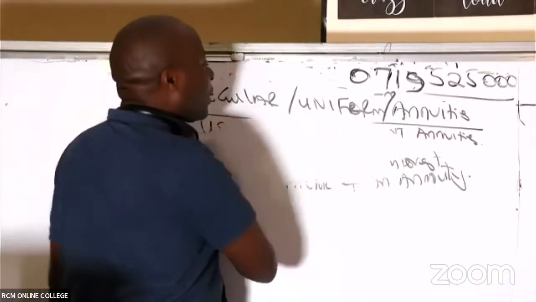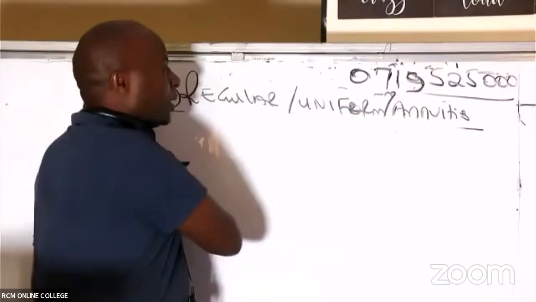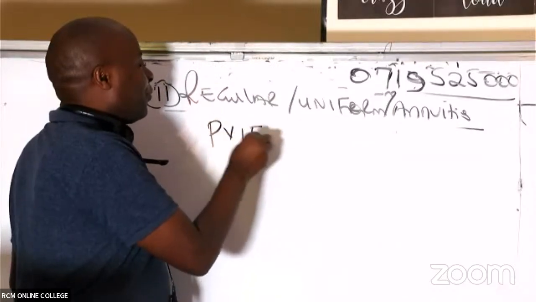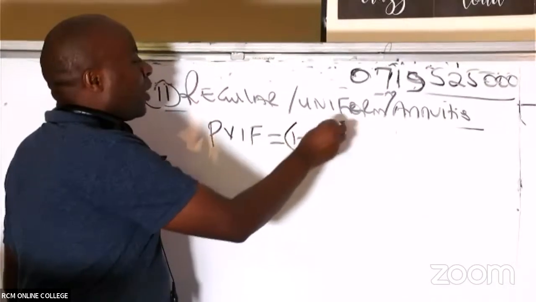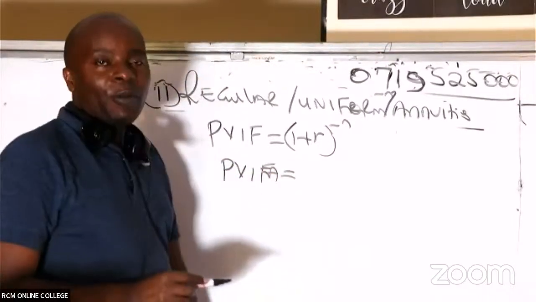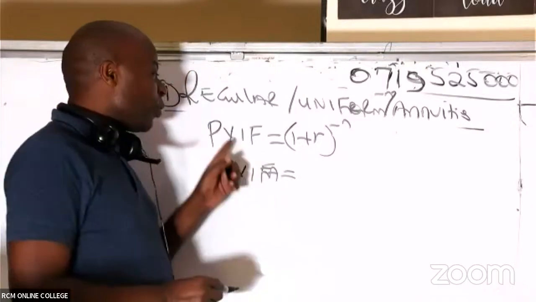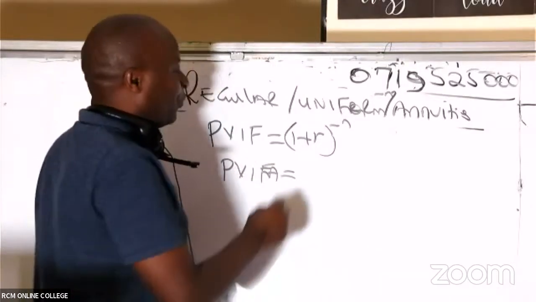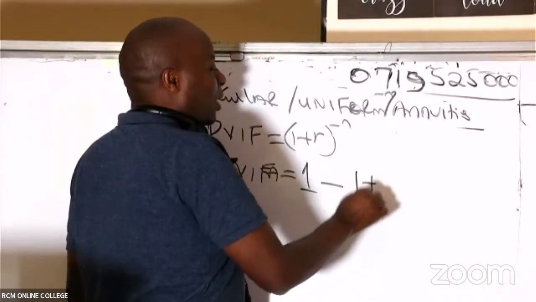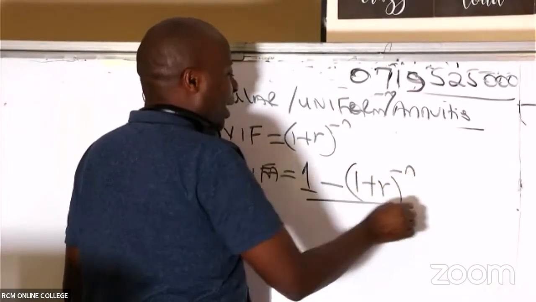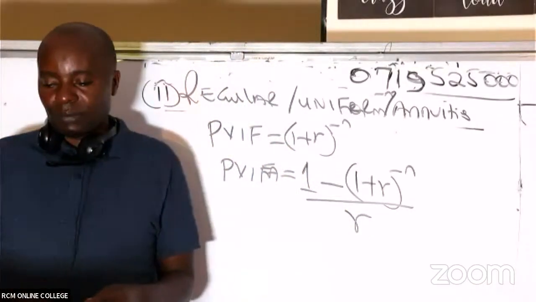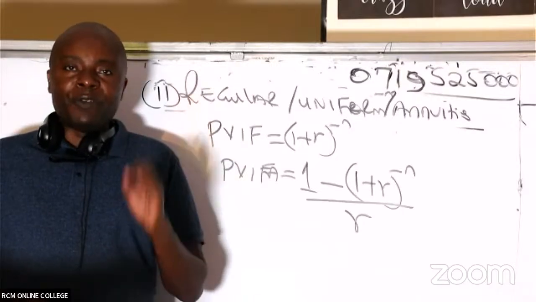Now, ladies and gentlemen, remember that the formula of PVF is 1 plus R raised to negative N. To get PVFA, we take 1 minus 1 plus R raised to negative N, and then everything is divided by R. That is how we normally get the PVFA value.